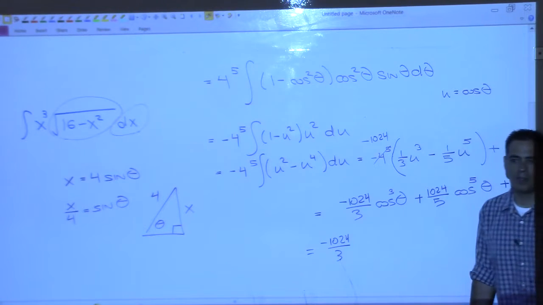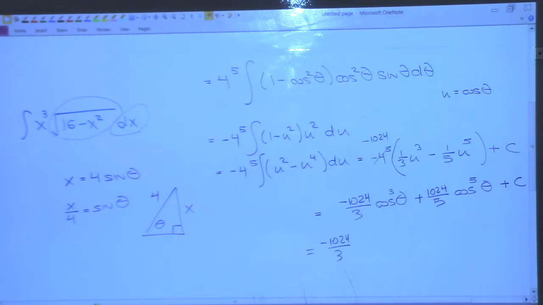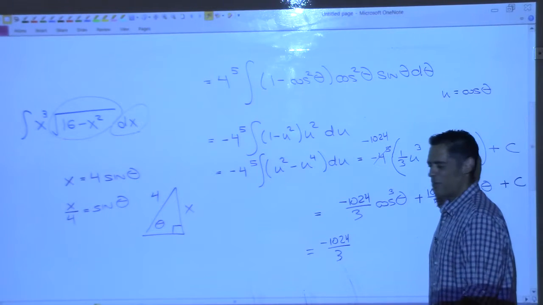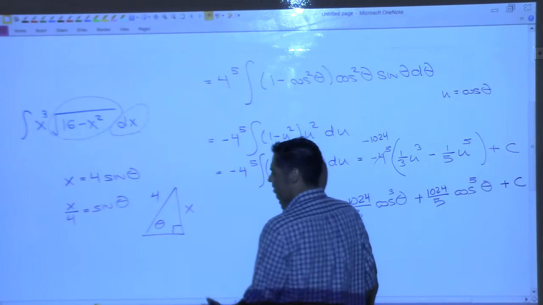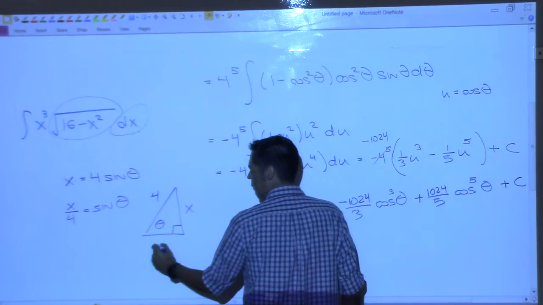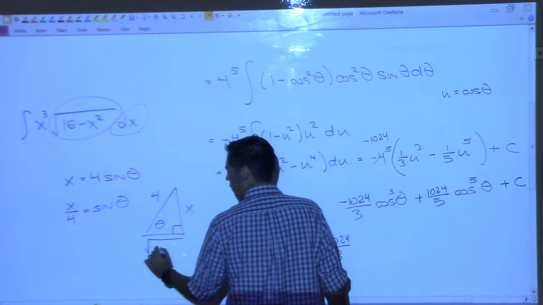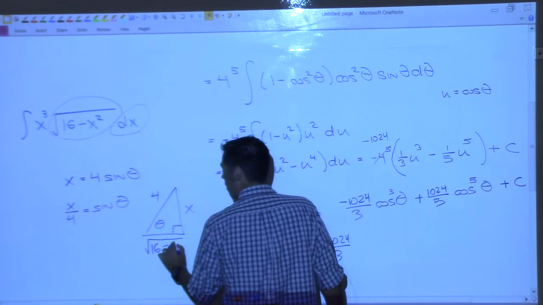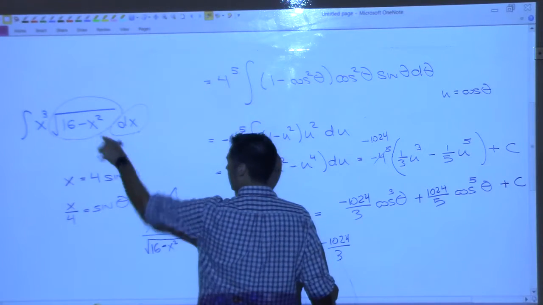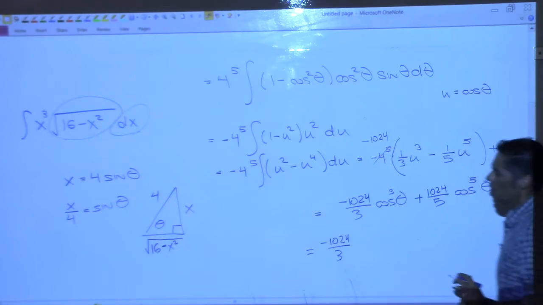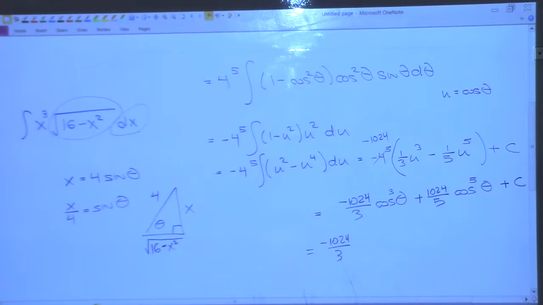Opposite over hypotenuse. Okay, and then can you solve for this side? Square root of 16 minus x squared. It has appeared, hasn't it? It should always appear. All right, now, do you know what cosine theta is now?